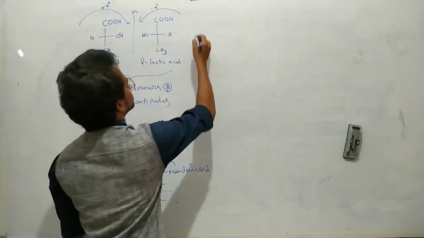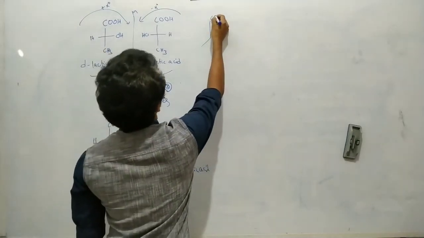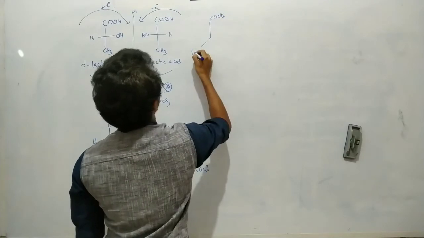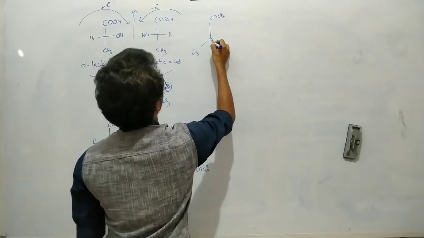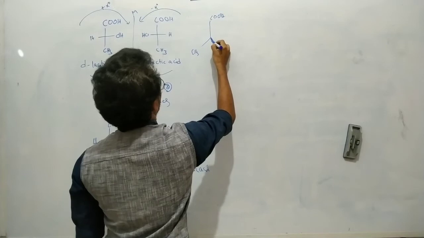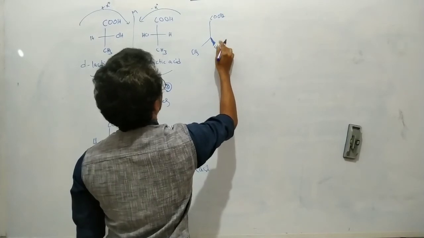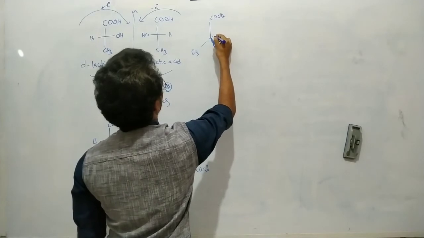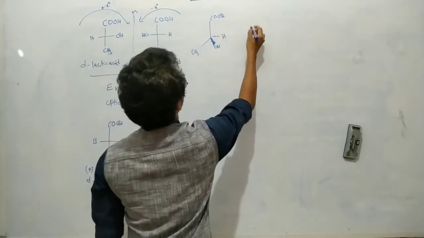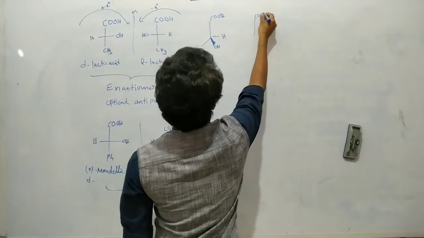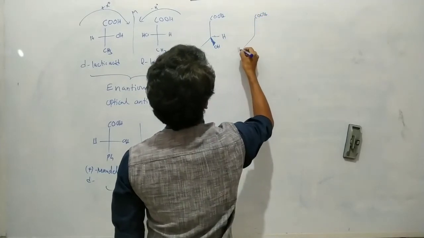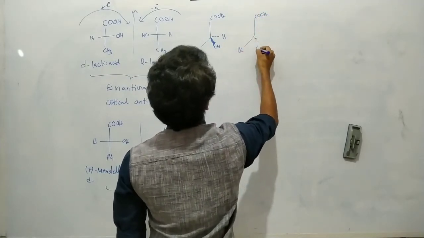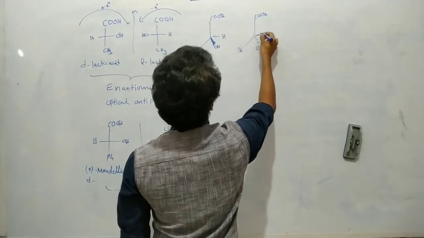Or we can write like this: COOH, CH3, this OH above the plane, this H below the plane. And the other: COOH, CH3, OH below the plane, hydrogen above the plane.